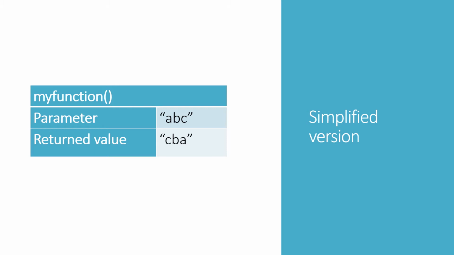It's pretty obvious that the function has the effect of reversing a string, but that's all shown in full in the trace table, but I'm simplifying it to this simplified table, which just shows what goes into the function and what value comes out of the function.